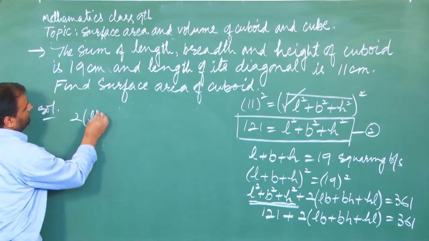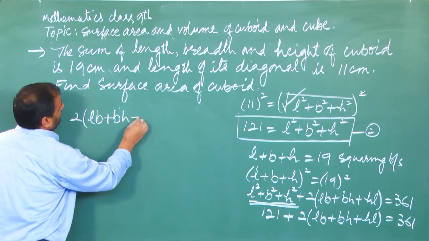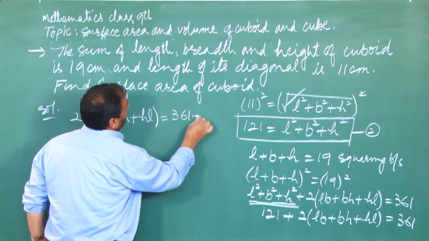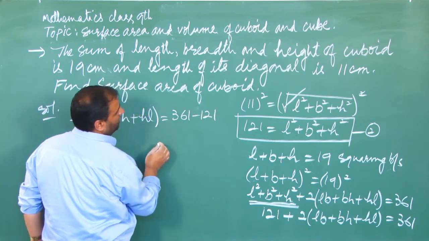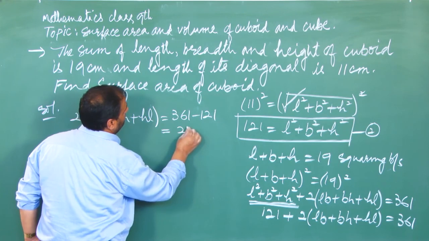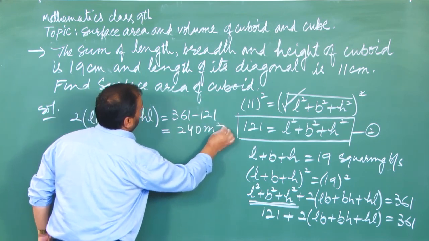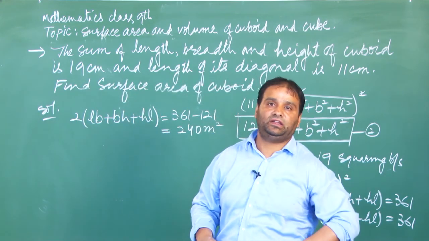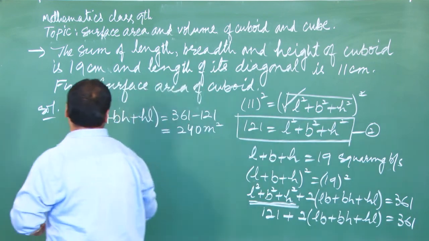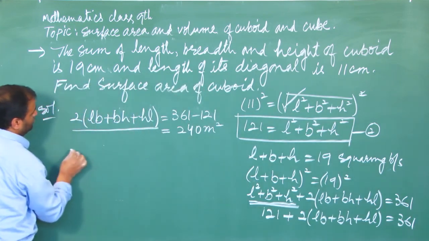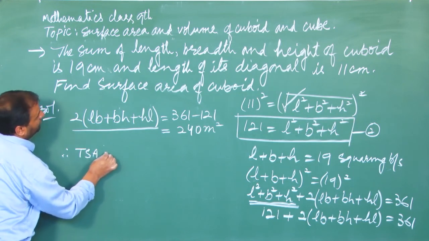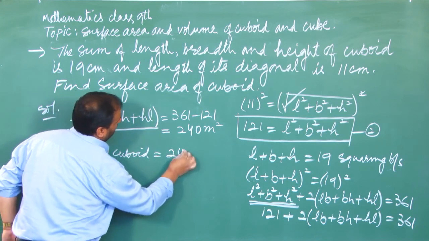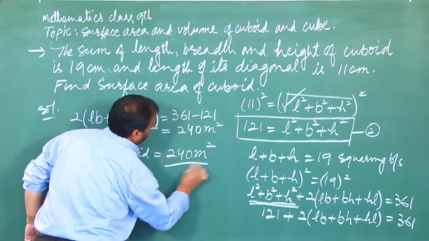Twice length breadth plus breadth height plus height length is equal to 361 minus 121. How much is this? 240. So, recall, what is twice length breadth plus breadth height plus height length? It is the total surface area of a cuboid. Therefore, the total surface area of cuboid is 240 centimeters square. I hope you have understood this today.